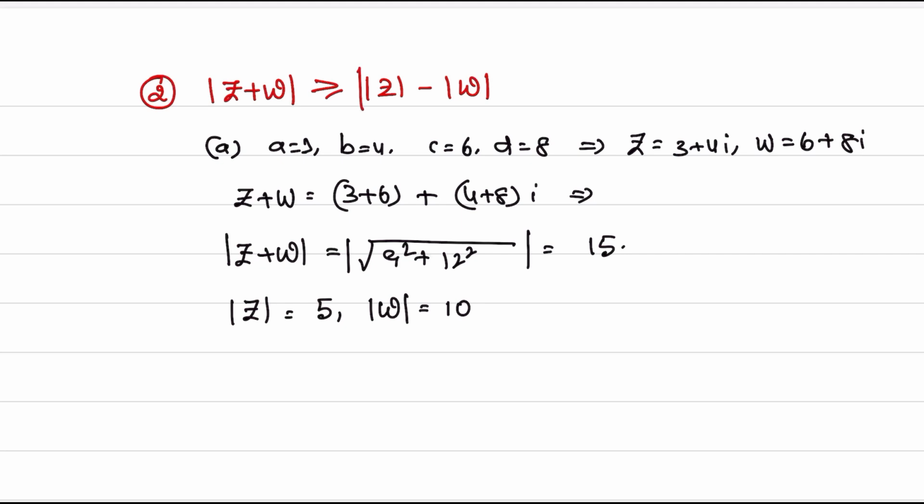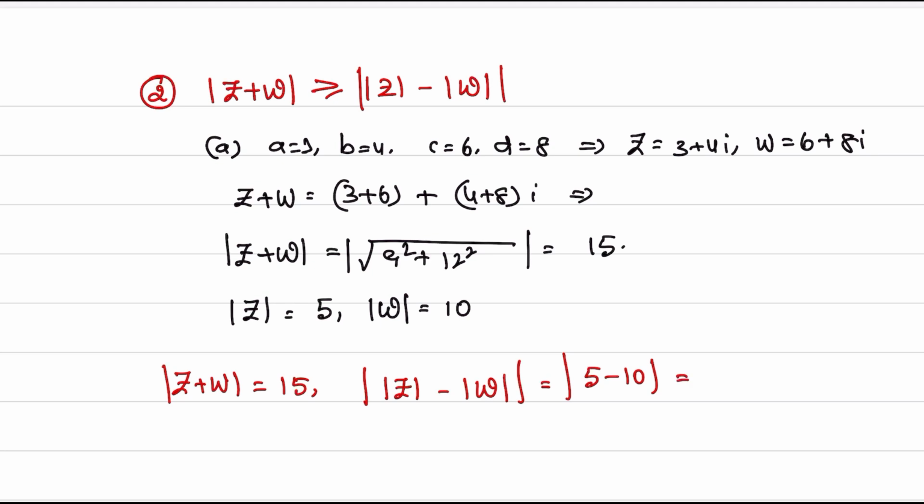Here it is a total absolute value. Because whenever inequalities are there, it is better to go for the absolute values. We are finding the differences only. Now, modulus of Z plus W is equal to 15. Absolute value of modulus of Z minus modulus of W, right hand side, is absolute value of 5 minus 10, that is equal to 5.